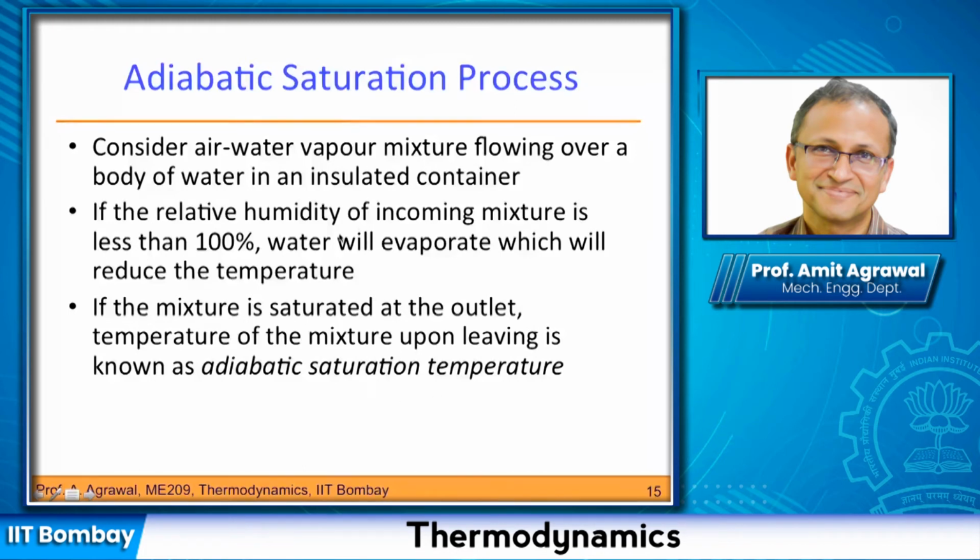Just to rephrase, let us say that there is dry air flowing over the river and picking up moisture. At the end of your control volume, it is completely saturated. And of course, we are assuming that there is no heat transfer that has happened.